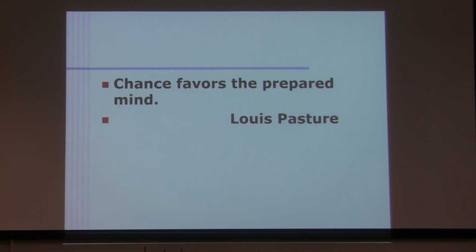One morning he went to the lab and saw the bacteria were dead. He said, what happened to this bacteria that I was growing constantly for the past 10, 15 years? They were dead because of some fungi. Because of the fungi, the bacteria were contaminated and dead. So he came up with antibiotics.